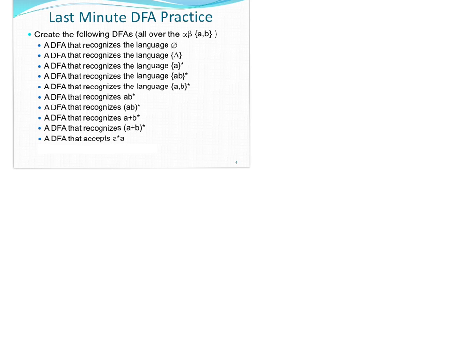Okay, next it says, recognizes language AB star. What's that? AB starred, which is the same as lambda, so 0 ABs, or 1 AB, or 2 ABs, and so on.